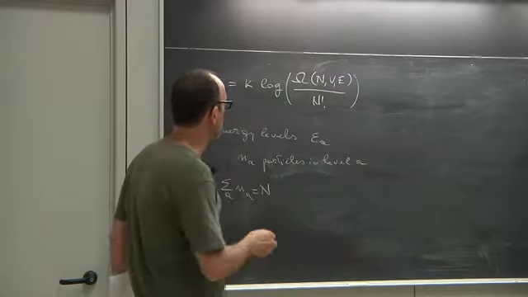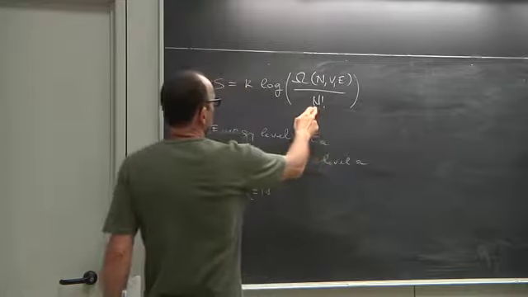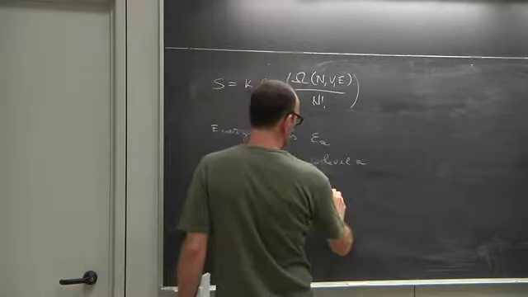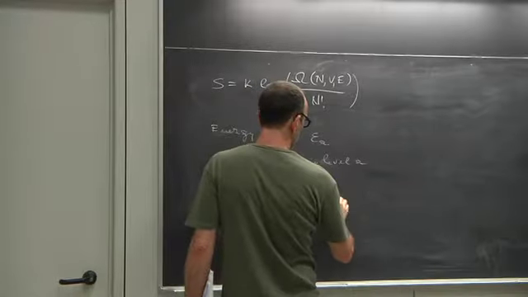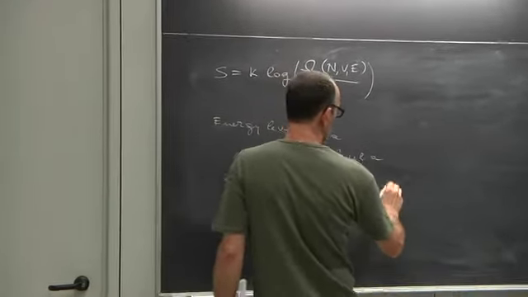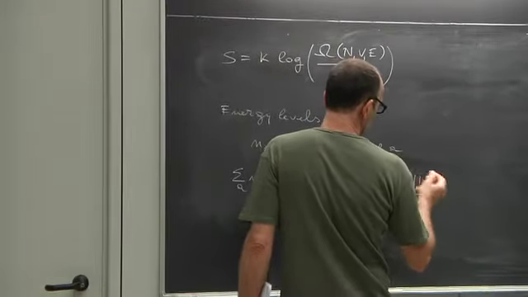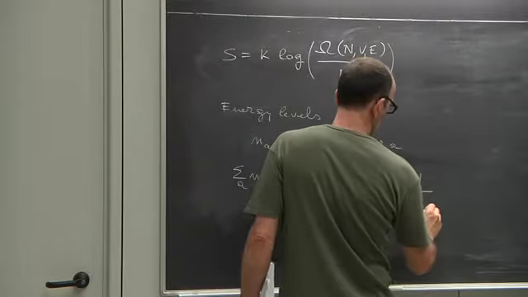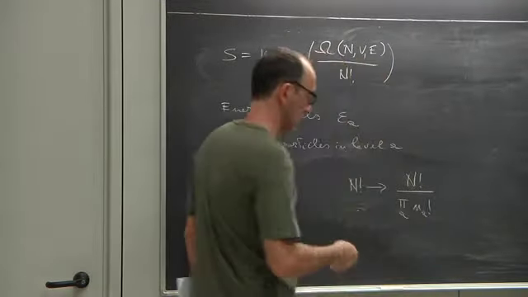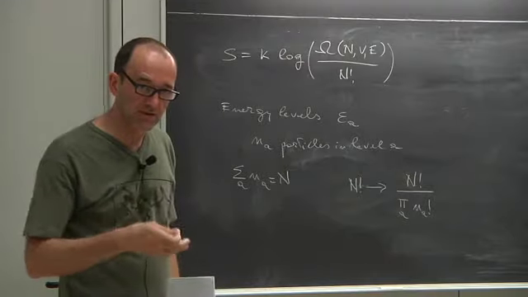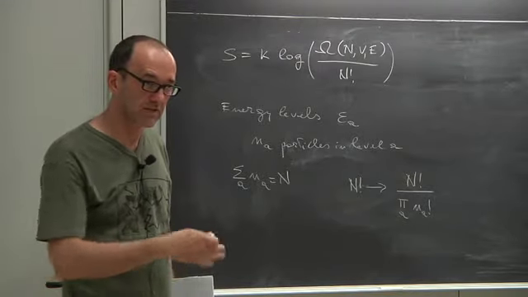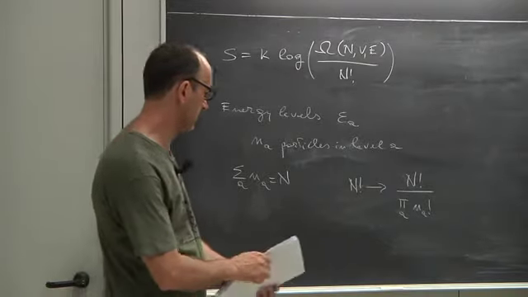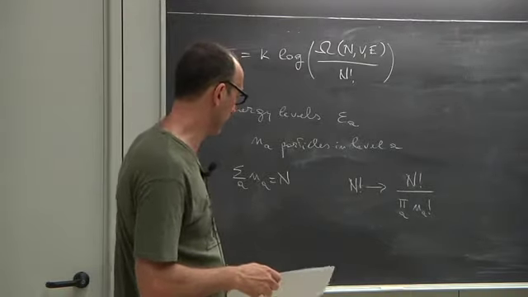Okay. So indeed, in the correct way of computing the number of states, instead of N factorial, you should actually put the combinatorial factor, the multinomial factor, which counts the number of ways in which you can distribute all the particles in the energy levels.